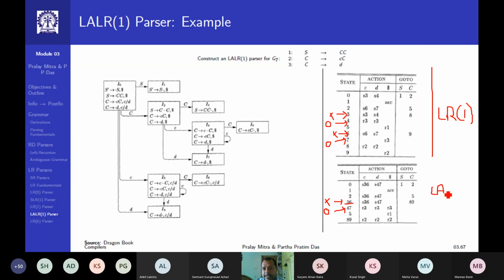So this is my LALR1. Further, 8 and 9 were merged. This is my 9 and this is my 8, and that is actually this one.